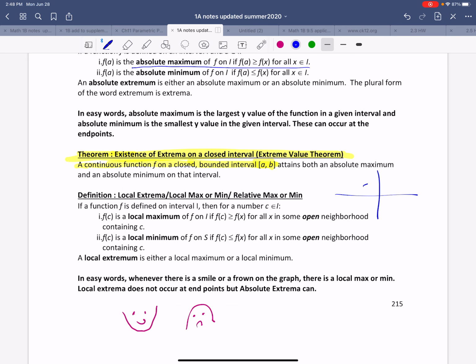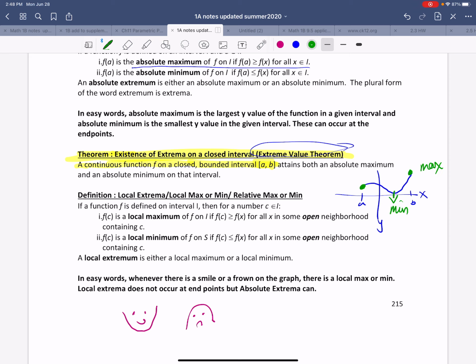So you have a, let's just say a is here and b is here. This is a continuous function, it's closed and bounded. So this extreme value theorem guarantees that it is going to have an absolute max and an absolute min in that interval. So absolute min will be here, and absolute max will be here.